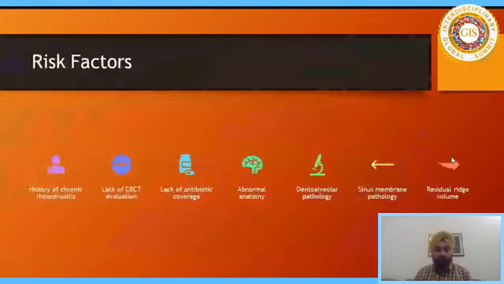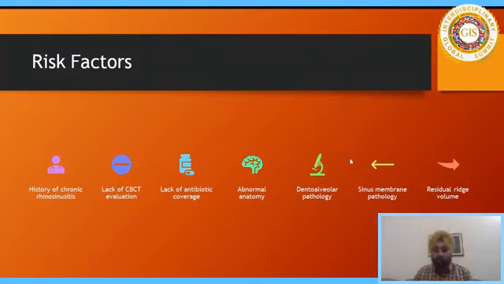So, the risk factors are: if the patient has a history of chronic sinusitis, you don't go for a CDCP, and you don't put the patient on antibiotic coverage. If you fail to recognize the internal anatomy of the sinus, the bone peaks, that could lead to a tear of the membrane.